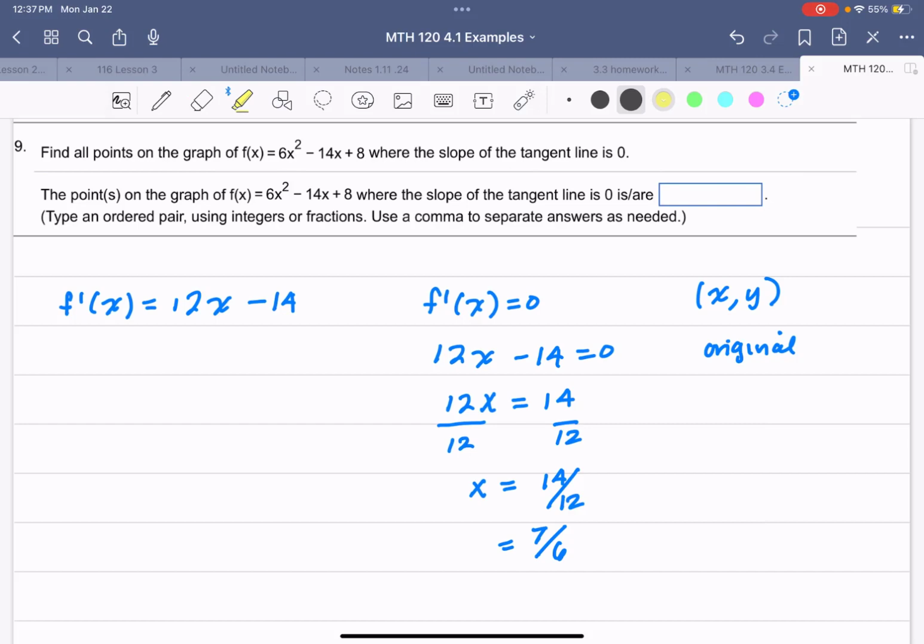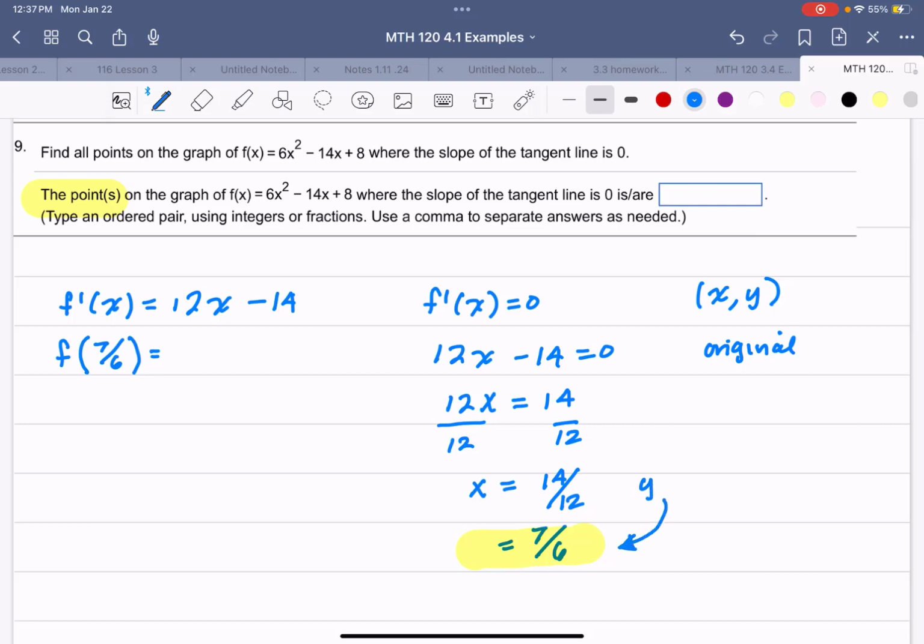Now, it's important to recognize here that they want the point or points, and what we've found is simply the x value where the slope of the tangent is 0. So we have to go back and find the y value when x is 7/6. It's not the derivative at 7/6. It's the y that goes with this x.